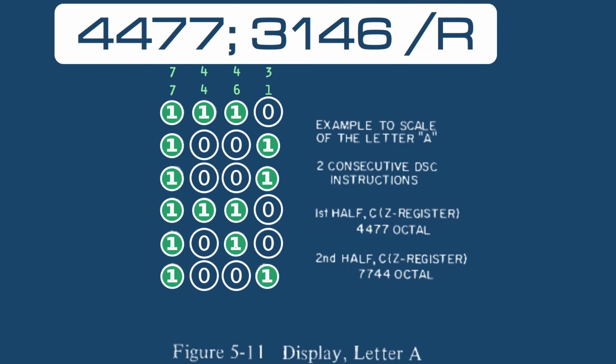Now let's take a look at the right half of the R, which is 3146. Tracing down the third column, we see the on, off, off pattern for 4, and then 6 is binary 110. And in the fourth column, binary 011 for 3, and 001 for 1.